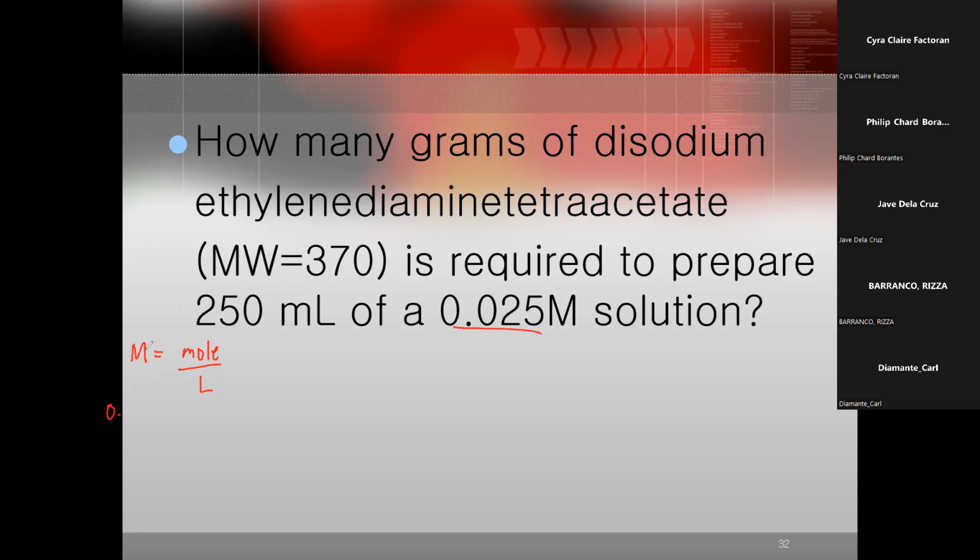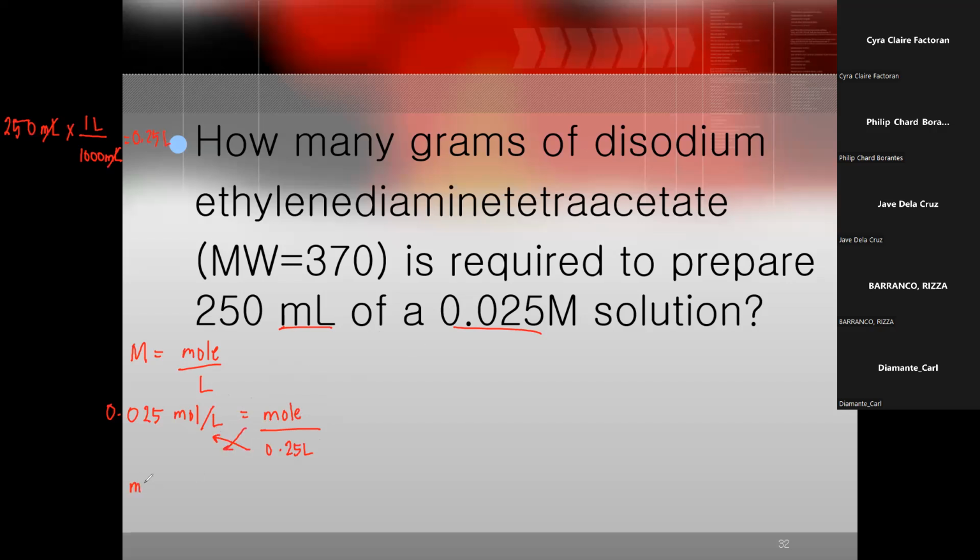I will not derive a formula, I will just substitute. 0.025, and let me use moles per liter to make it easier to cancel. Moles is not given, so that is what we are looking for. The liters of solution is not given, but we can convert 250 ml times one liter per 1,000 ml. Cancel this. So this is 0.25 liters. So I have substituted all the given values.